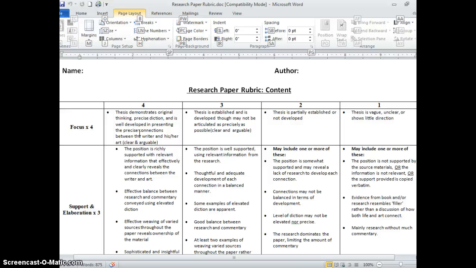I've showed you models, which are still up on Blackboard under assignments, where you ideally want to at least have a phrase to introduce each of your connections, and again looking for precise diction and really in the proper sequence.